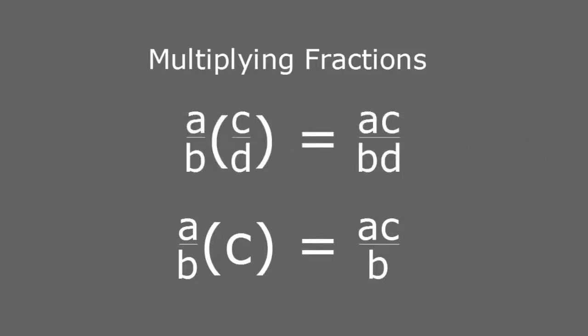If you're multiplying two fractions, just multiply the numerators and divide that by the multiplication of the denominators. And if you're multiplying a fraction with an integer, just multiply the numerator times the integer divided by the denominator.